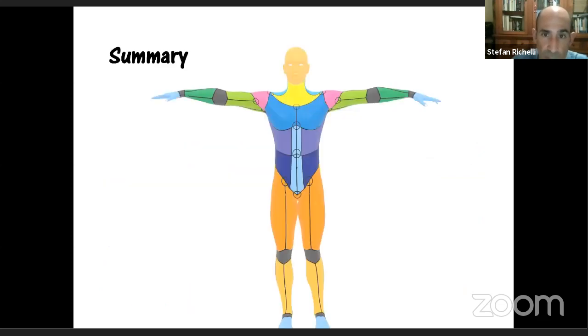So to summarize everything, we have the skin, which wraps all our body. The skin is more fixed in specific areas to the underlying tissues like superficial fascia and deep fascia. All these black lines indicate where it's more fixed.